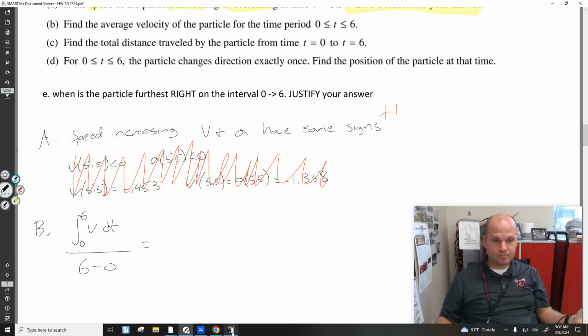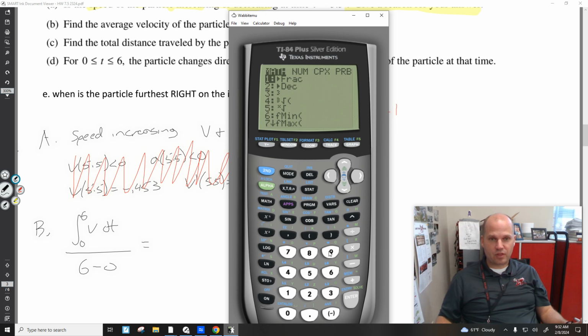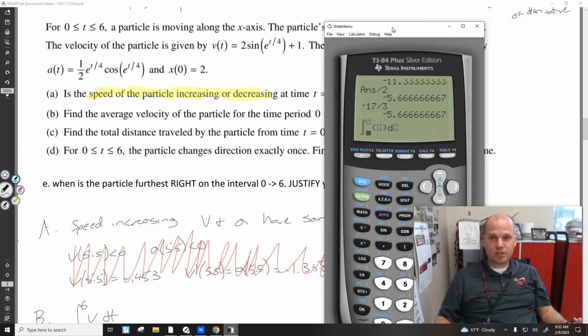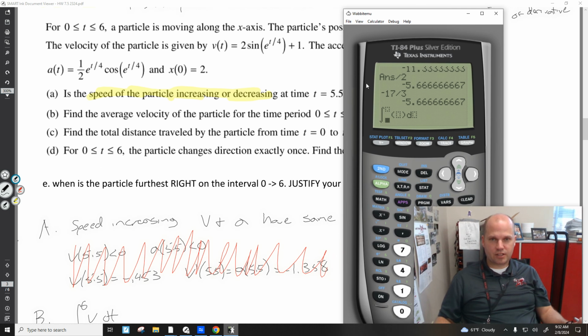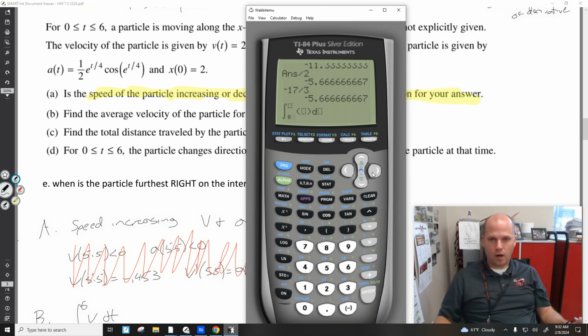I type it in. You could go into your home screen, and again, Math 9, type in the entire velocity equation, but since you already graphed your velocity equation in Y1, you can just say, calculator, please accumulate my Y1 from 0 to 6. Alpha F4 Y1. You've never done this before?